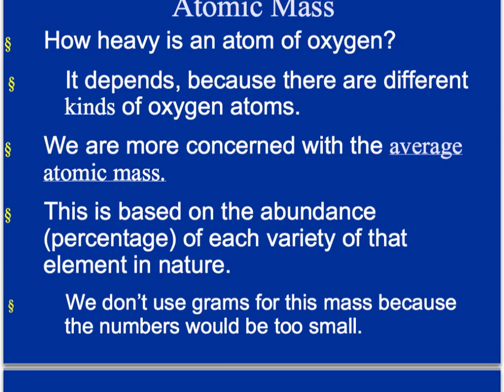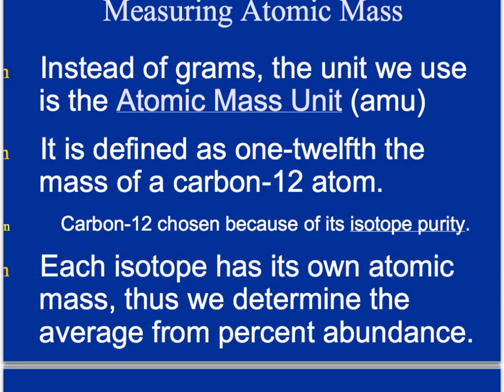On the next slide, we're going to discuss the units for determining the atomic mass, and you've probably heard this before. When we discuss atomic mass units, AMUs, that's the unit that we use to describe atomic mass. So instead of using grams, the unit that we use is the atomic mass unit, or AMU.